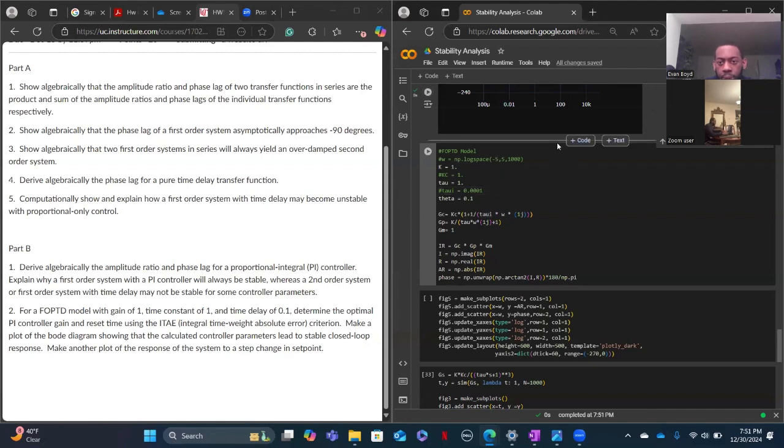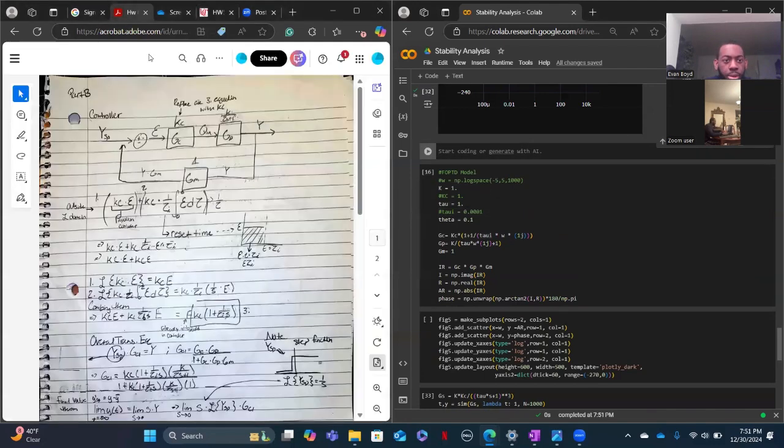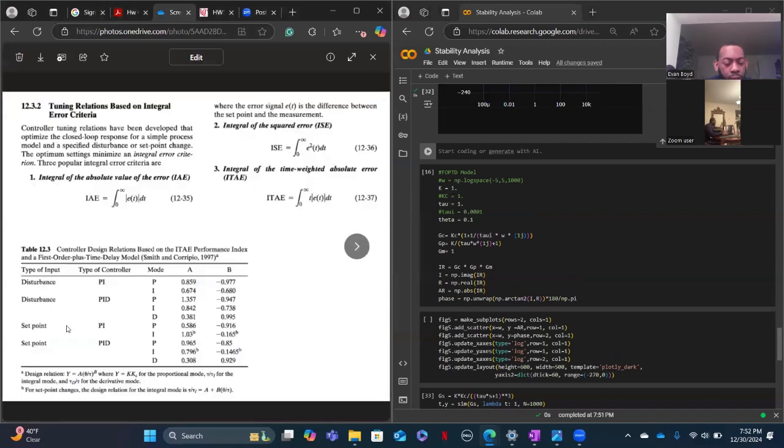I'll put a code up here. We need to take the set points. So for the zero point, we'll do PA and PB for our P model, and for the set points we will have 0.546 and negative 0.916.